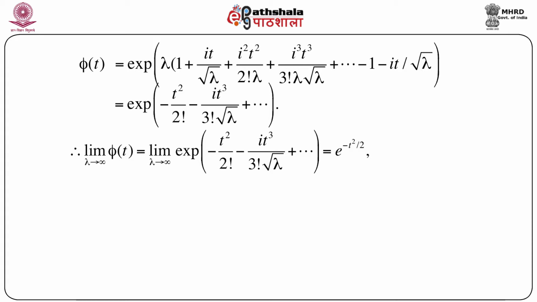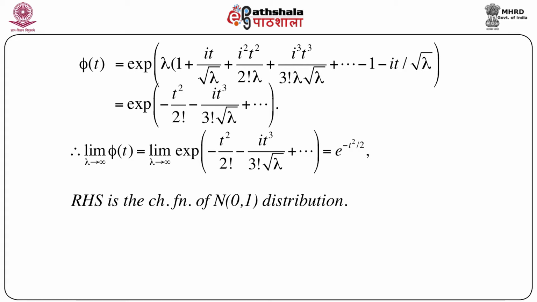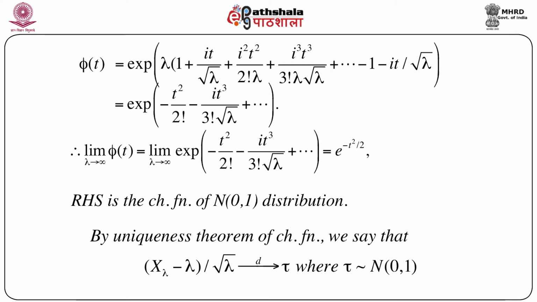Now the right hand side, e to the power minus t square by 2, is nothing but the characteristic function of a normal 0-1 random variable. Hence, by the uniqueness theorem of characteristic functions, we can immediately say that the standardized Poisson variable converges in distribution to tau, where tau follows normal 0-1.